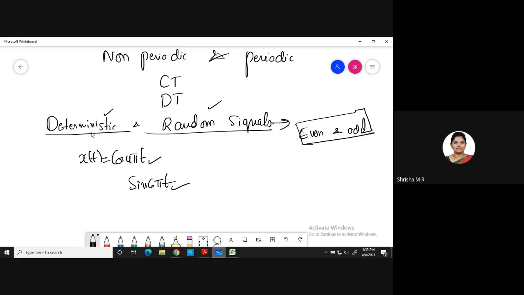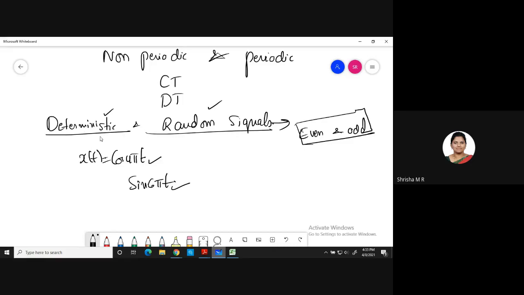You will have a time function, so you can find that signal at any point of time if you know the value of t. They can be represented as a function of time, and they are predictable.